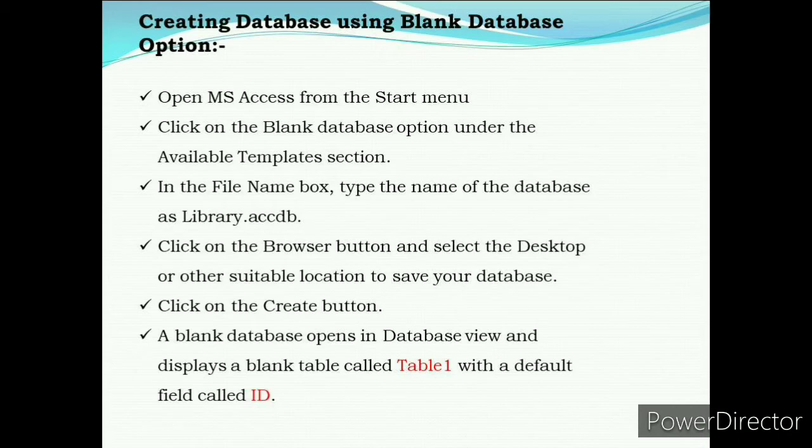Click on the browse button and select the desktop or another suitable location to save your database. Click on the create button. A blank database opens in the database view and displays a blank table called Table 1 with a default field called ID, which we can change.